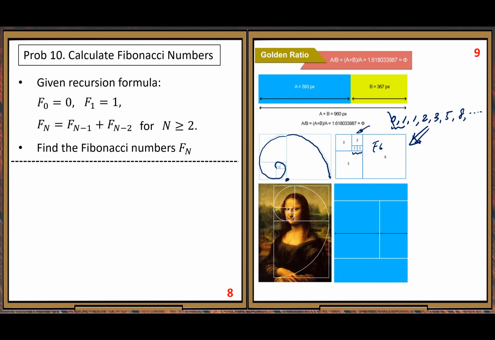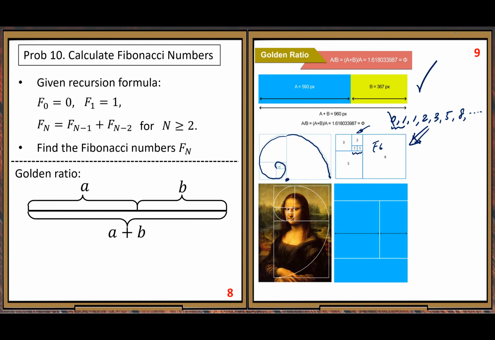All right. This figure gives us the definition of the golden ratio. Let me repeat it using my own diagram. So when we start, we start with one line segment.